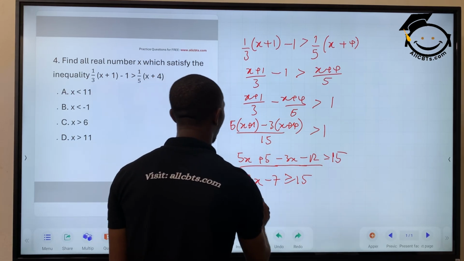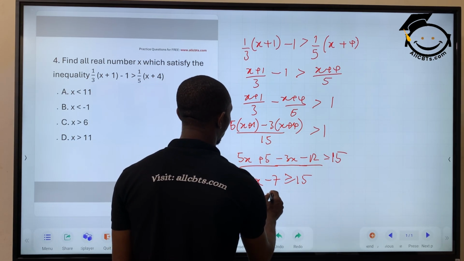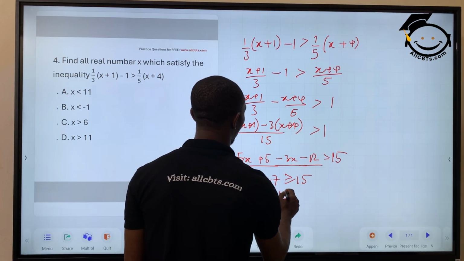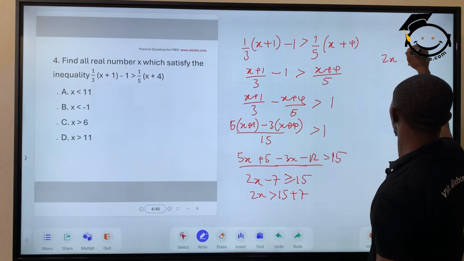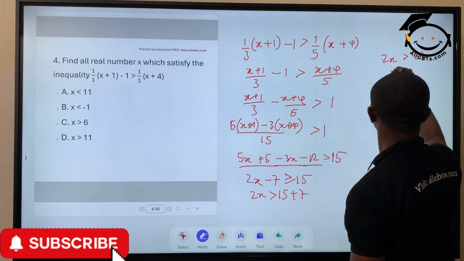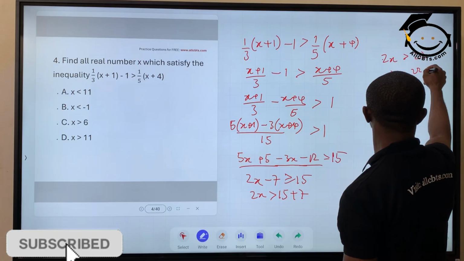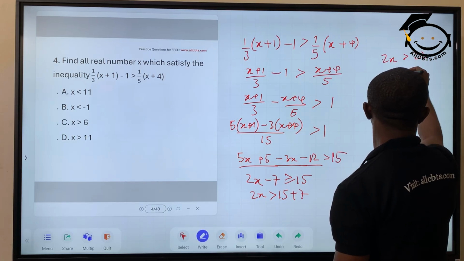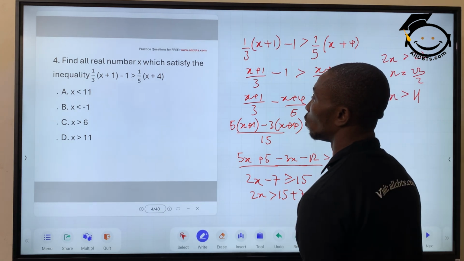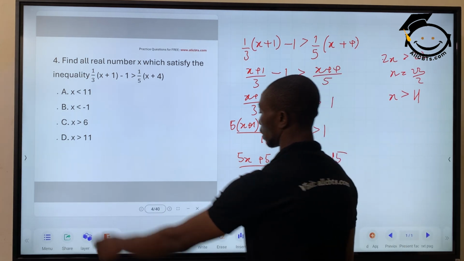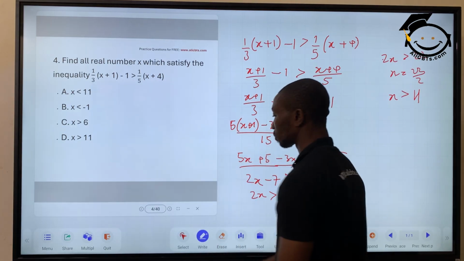So 7 going over will give us 2x is greater than 15 plus 7. So 2x is greater than 22. x is greater than 22 over 2. x is greater than 11. So our x will be greater than 11, which is our option D.